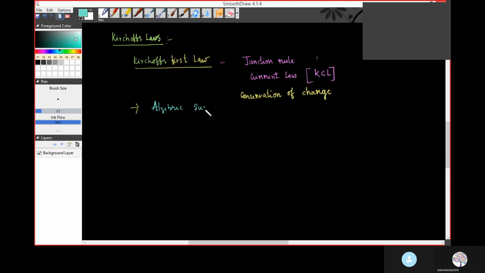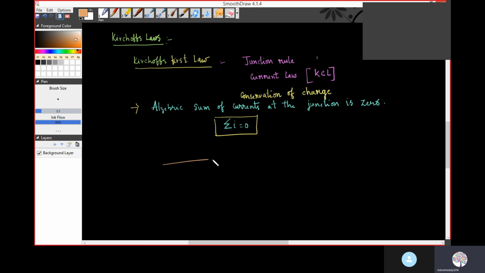What is the algebraic sum of the current? Sigma I is equal to zero. The sum of all the currents at the junction is equal to zero. So now let us see how it is.